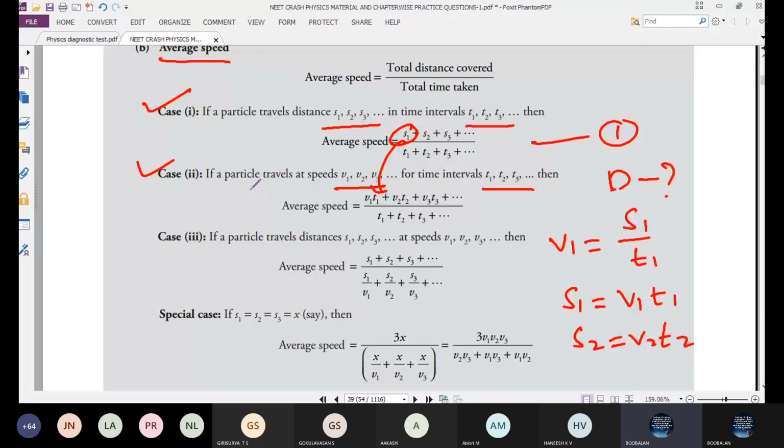Third condition. This time, I know only the distance and the speed. Time value, it is a question mark. I don't know the time value, but again, I want to find the value of average speed. Formula, speed v1 equal to s1 divided by t1.